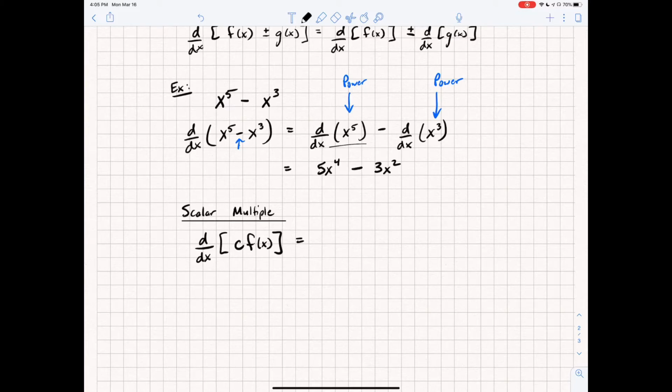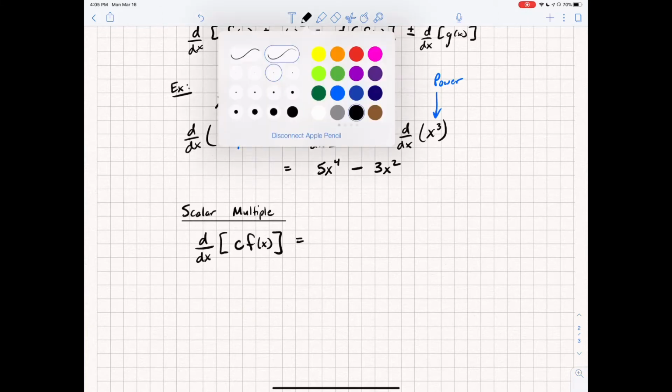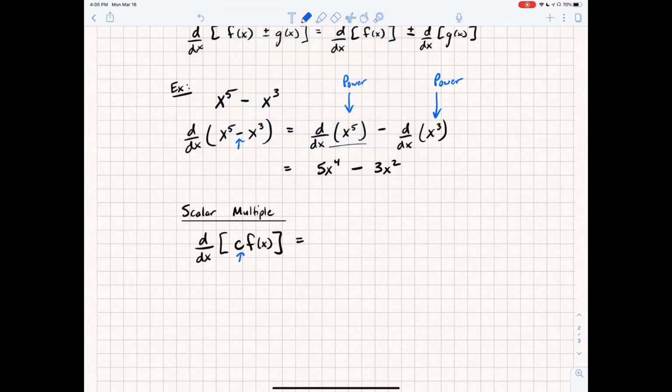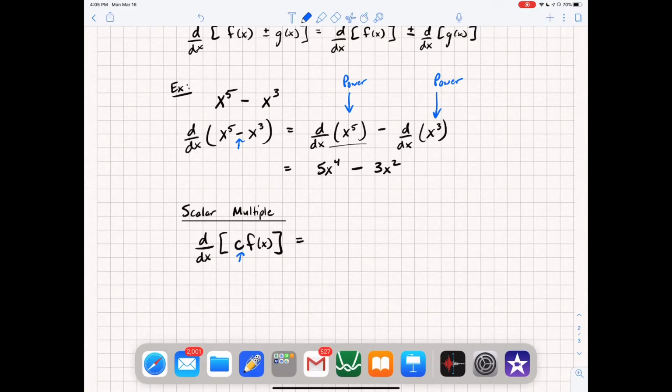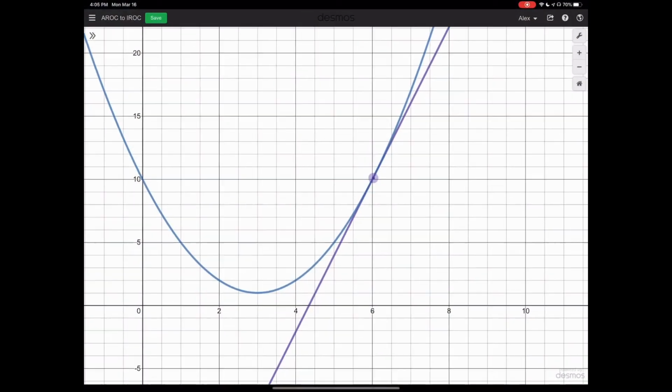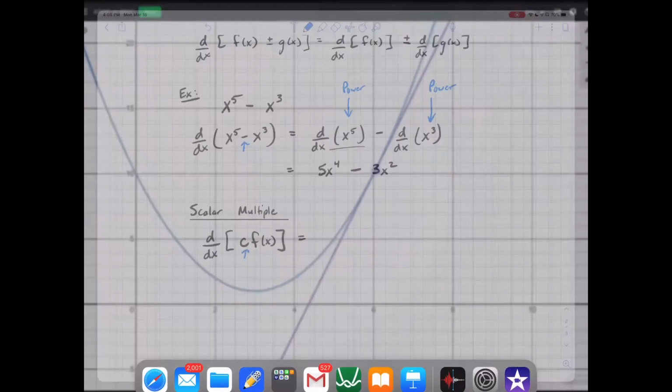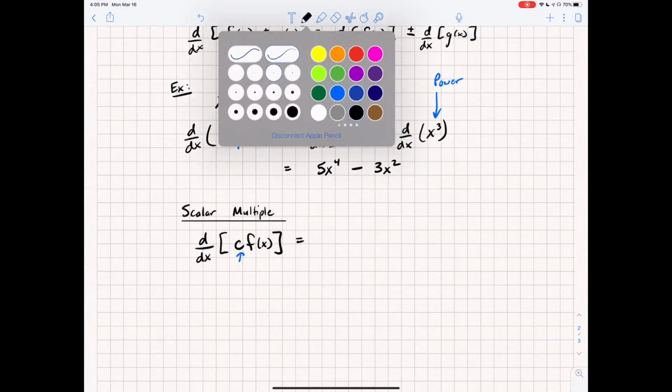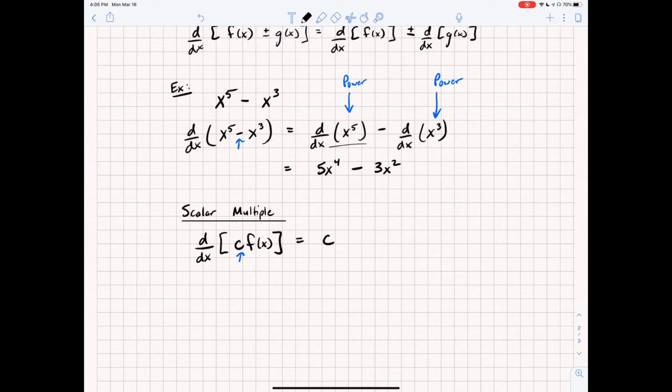And when I derive something like this, what I'm looking for is essentially the rate of change, how a slope is changing on this curve. When I multiply this function by a scalar, I'm stretching those slopes by that same factor. And so what that means is this derivative would be the same thing as if I just found the original derivative for f and scaled it appropriately, whatever that value of c is.